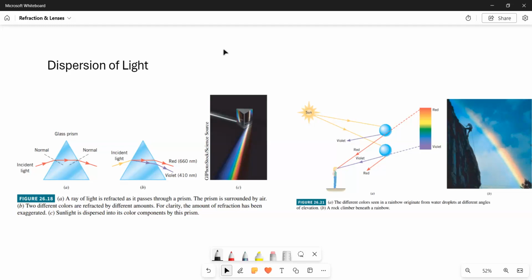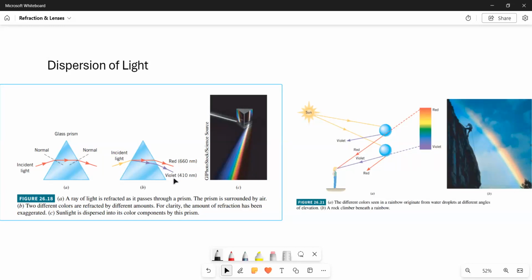And what happens is that within white light, every frequency of light bends at a different rate, or a different angle, as it passes through different media. Like you see in the diagram here, I give you two of them, red and violet.